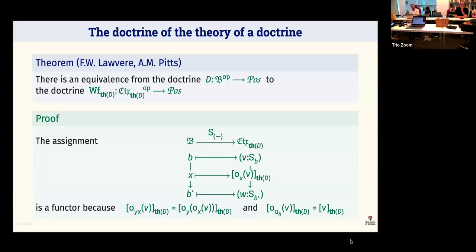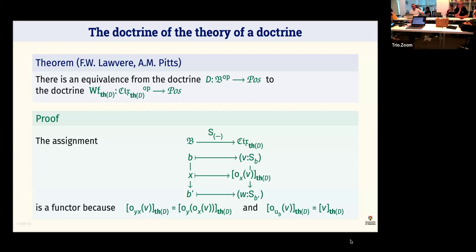So this is what happens. What can I do? I started with the doctrine. I produced a many-sorted theory with that little change with the basic level on identities on terms. And from that theory, I can reconstruct another doctrine.